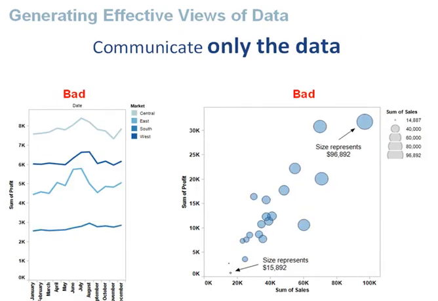The second point is communicating only the data. So here I have 2 views which are aesthetically great, but subtly flawed in that they encourage us to make sort of perceptual judgments about the data that aren't correct. So here in this line chart, we've got the same line chart as we had before, except we've now used different shades of blue to encode the lines.